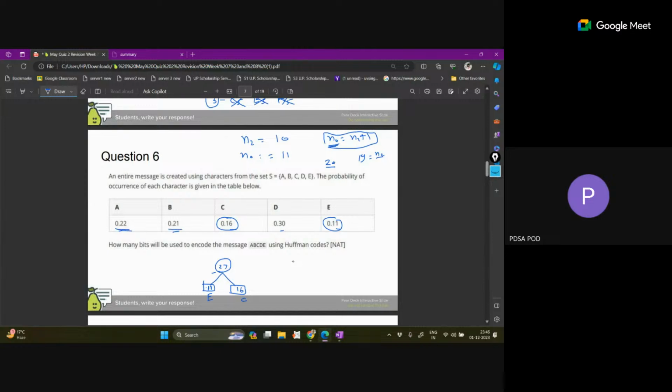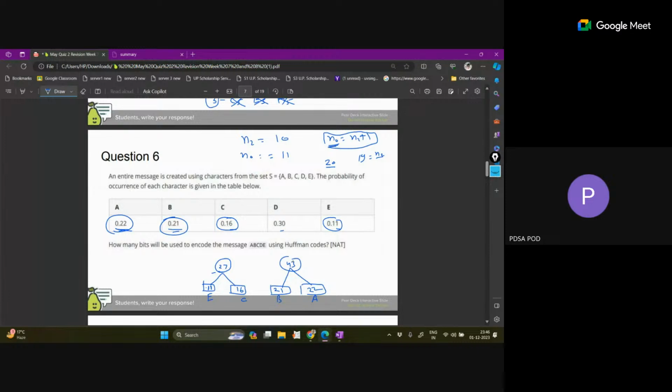So we create a separate leaf node for these: 21 and 22. 21 represents character B, and 22 represents A. Now add these, and you get 43. Now we have used this one and this one also.